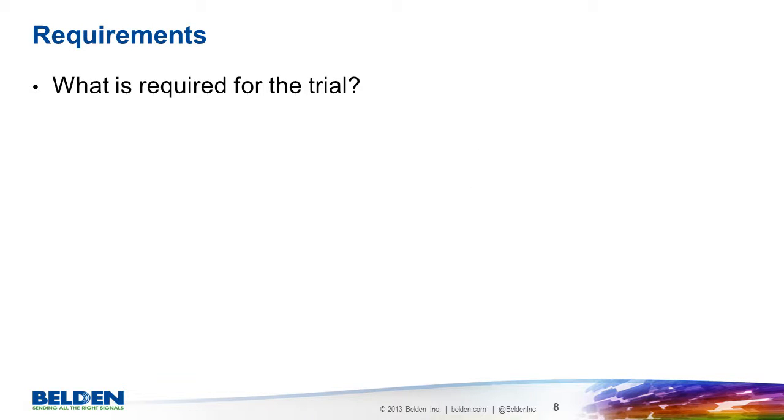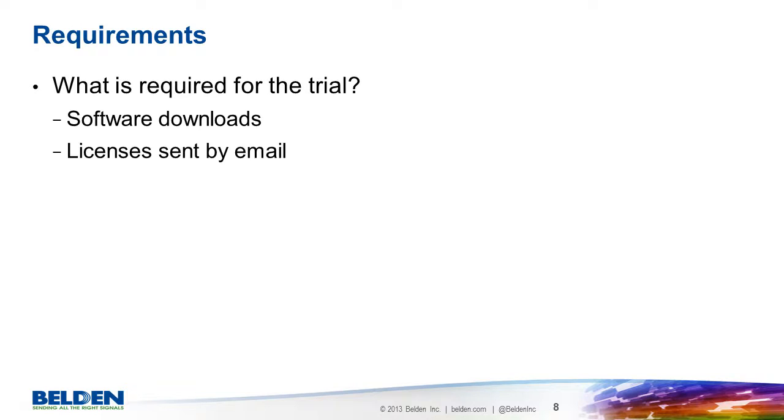What do you need to get started? The 30-day trial offer consists of software which can be downloaded from our website. You will also require licenses, and these will be emailed to you. For the trial, you'll be using our trial remote access servers, which are hosted on the internet.